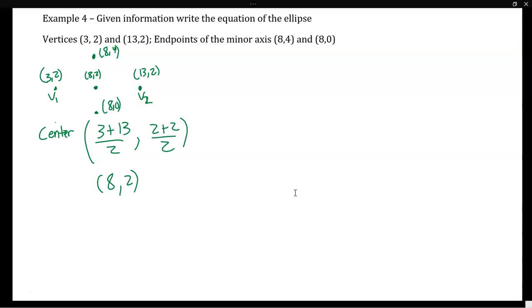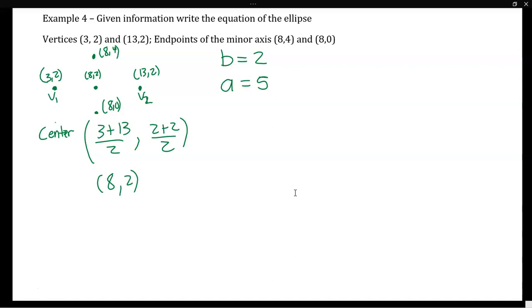And then from there, we know B is equal to 2. And we know A is equal to the distance from one vertex point to the center. So A is going to equal 5.